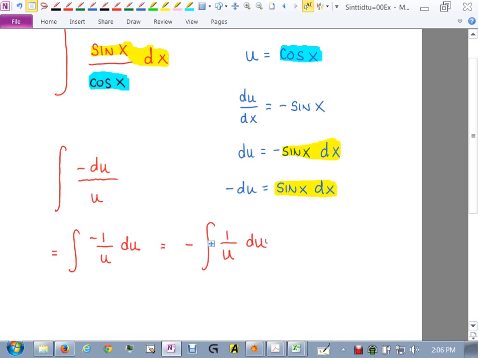What is the antiderivative of 1 over u? Natural log of u, right? But then I have a negative out front. So I have negative natural log u, right? What just happened? My symbol went away. Why did it go away? Because I found the antiderivative, right? And then the du went away. Everyone always asks me, where does the du go?